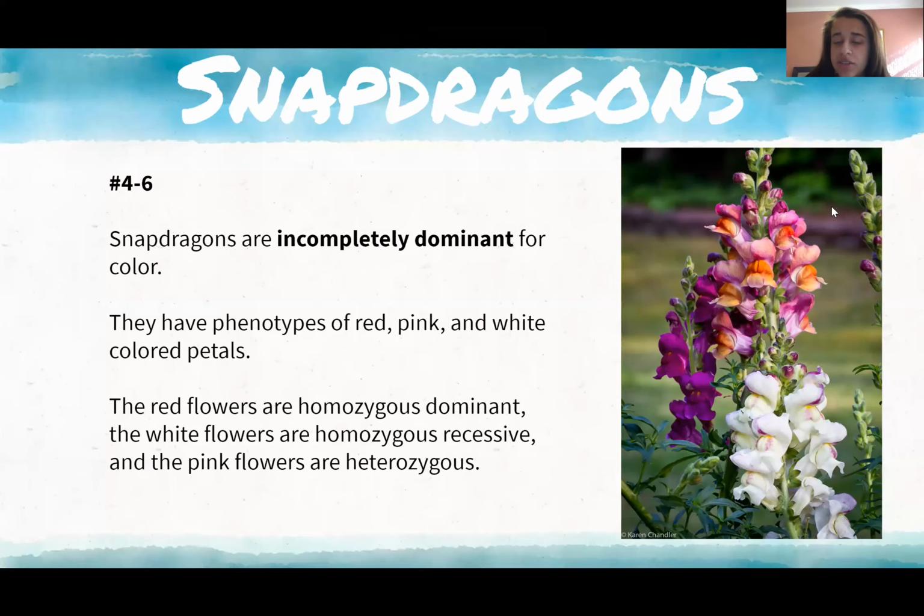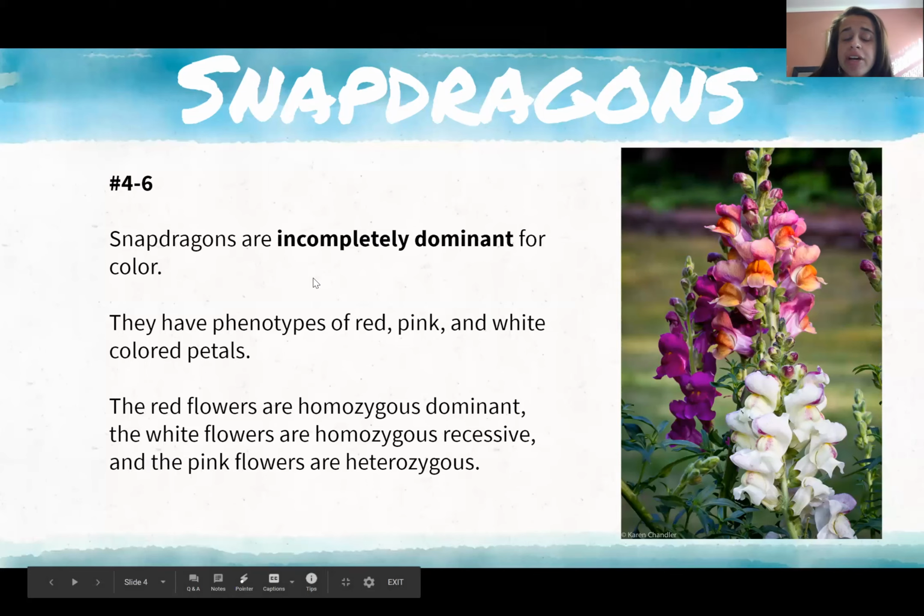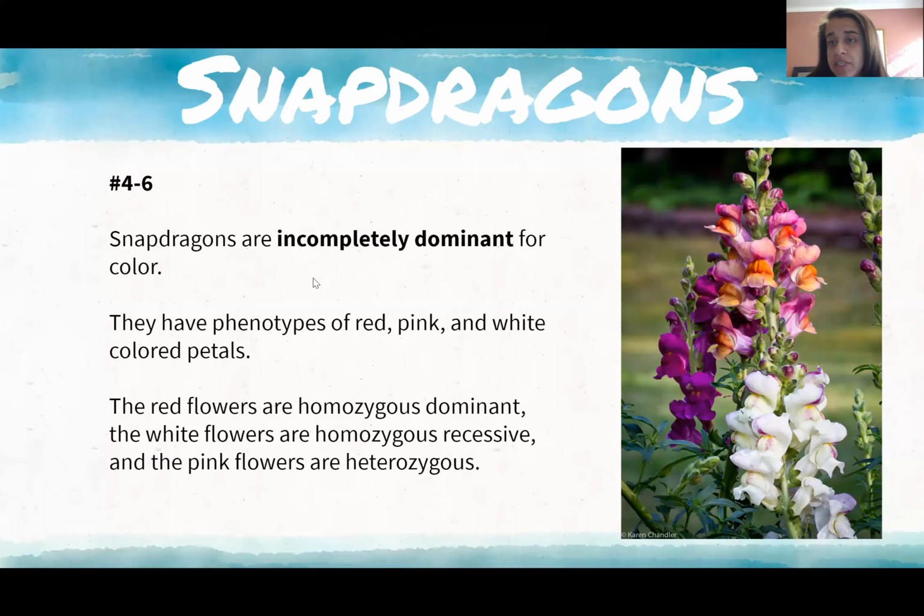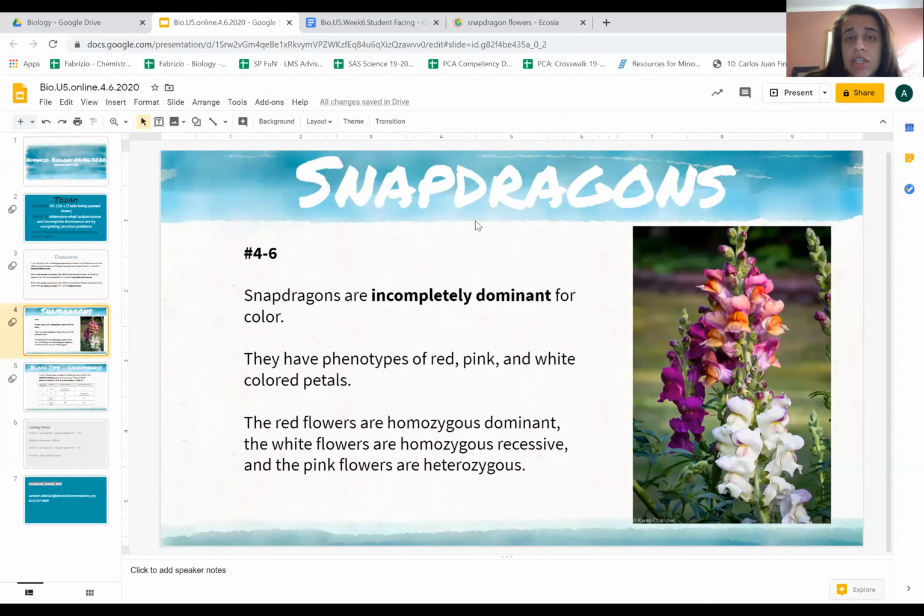I wanted to give some context, so here's what the flower looks like. Snapdragons are incompletely dominant for color. Remember, incompletely dominant means that they blend together their colors when they have a heterozygous individual. As a result, they have phenotypes of red, pink, which is the blended color, and then white. Of course, the red flowers are homozygous dominant, white flowers are homozygous recessive, whereas these pink flowers are heterozygous.